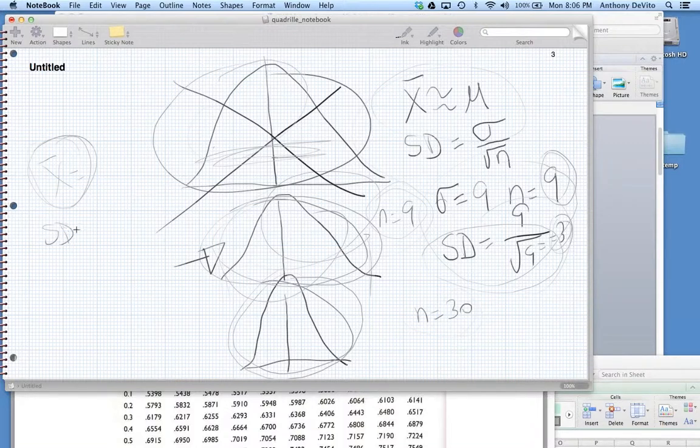If we know what the population standard deviation is, we have an idea of how spread out the numbers in the sample should be as well. We can also work backwards if we really want to. So this is important to us. It's going to be very important moving forward.